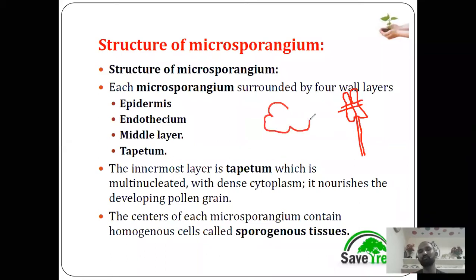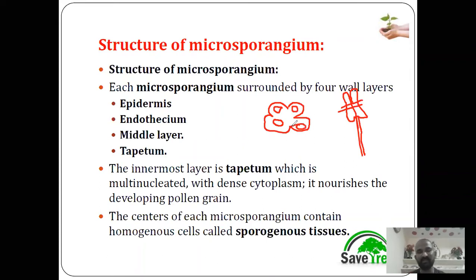Each lobe consists of fertile tissue called the microsporangium. Each anther mainly consists of four microsporangia.